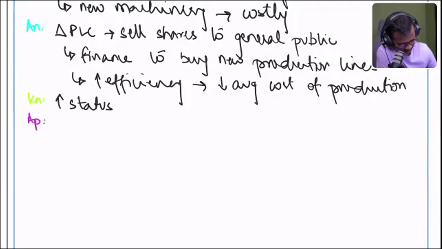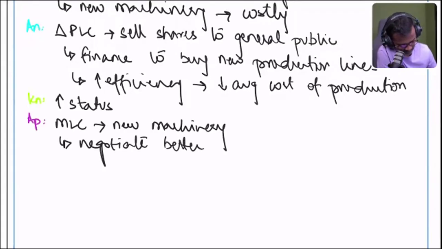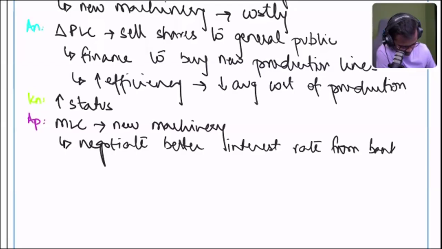And what you say is that once MLC, since they need new machinery, they can negotiate a better interest rate from banks. Remember, a bank would always prefer a public limited company over a private limited company because of its size.